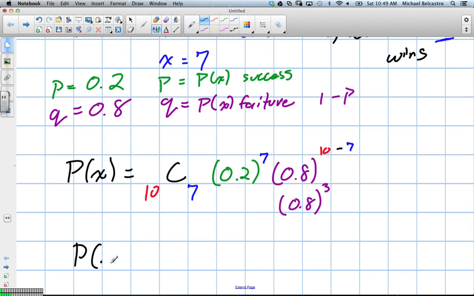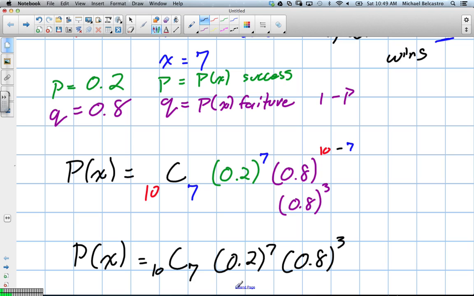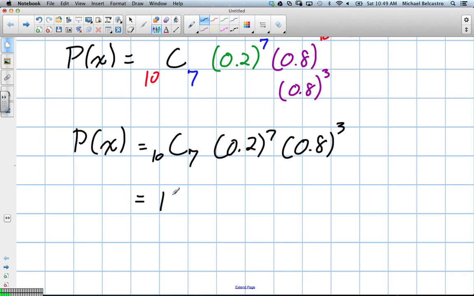So do you want to calculate that combination for us? 10C7, 0.2 to the 7th times 0.8 to the 3rd. 120. So the combination is 120. Okay. 0.2 to the power of 7 is 0.00000128.